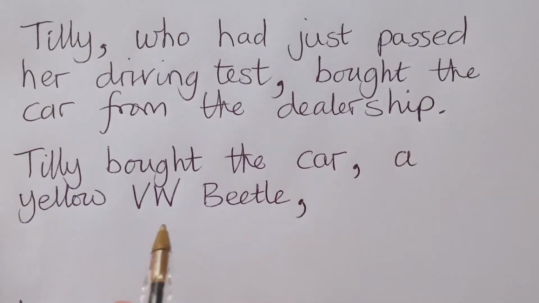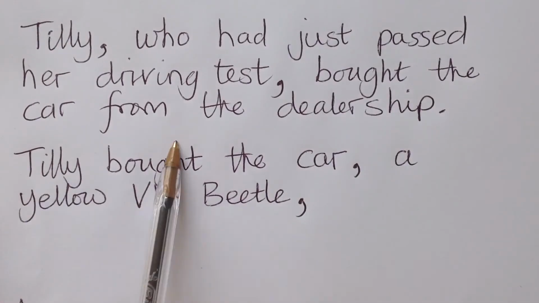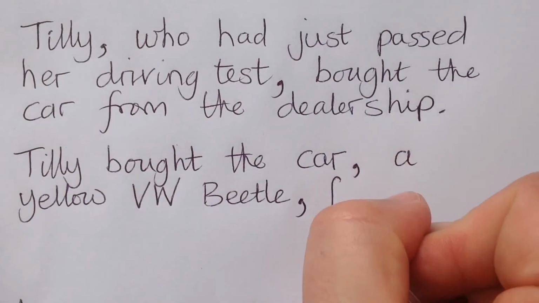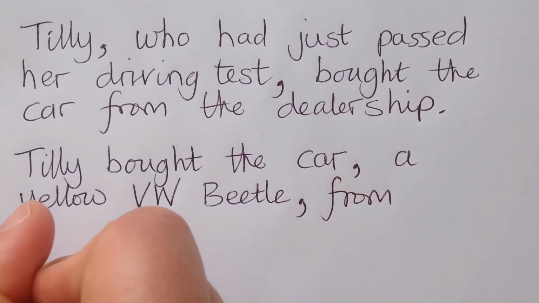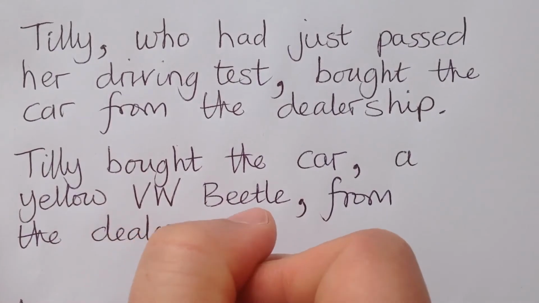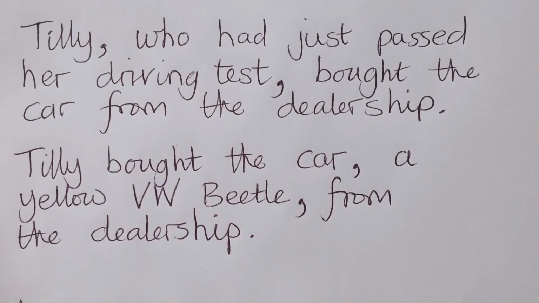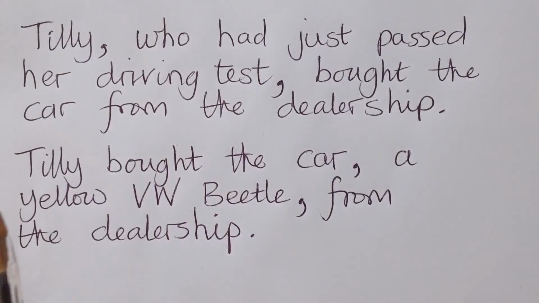I'm going to put the comma in, and my original sentence was Tilly bought the car from the dealership. Tilly bought the car from the dealership. Full stop. You'll notice I've used the same sentence every time, and you can see it without any change.